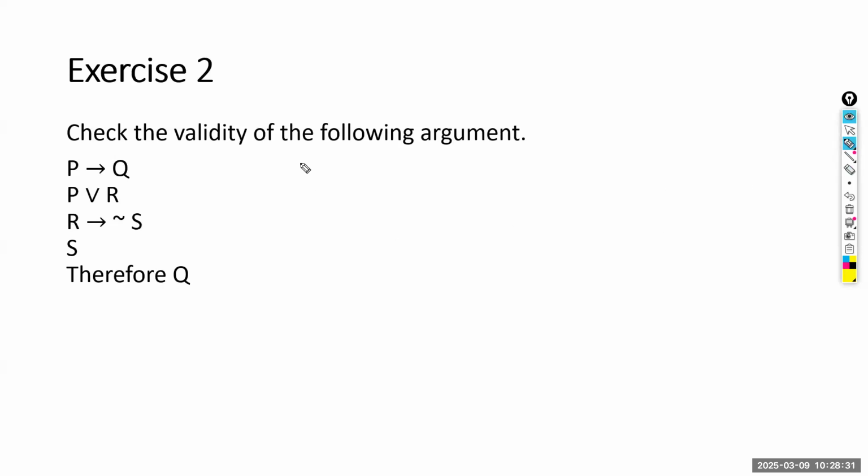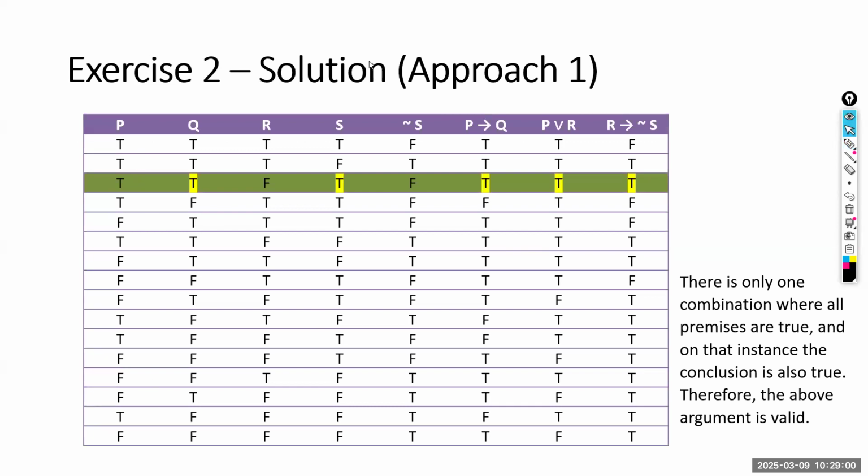Okay, let's do the first approach. P, Q, R, S, there are four variables. Four variables means how many possibilities? 2 to the power 4, which is 16. Yes, you have to go slowly when you do this in class, because 16 entries from true to false have to be written. I am not going to do it now, so I keep it for you. And this will be your 16 entries. Right? So these are your 16 entries.